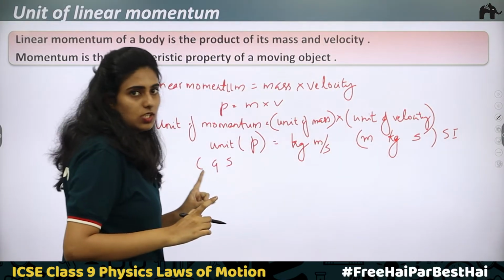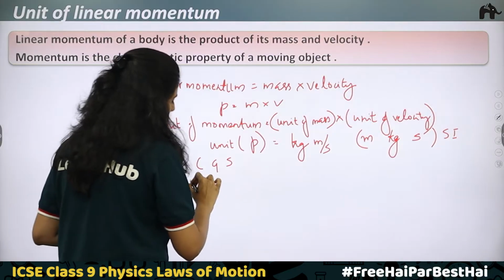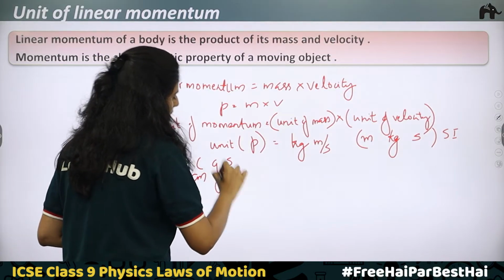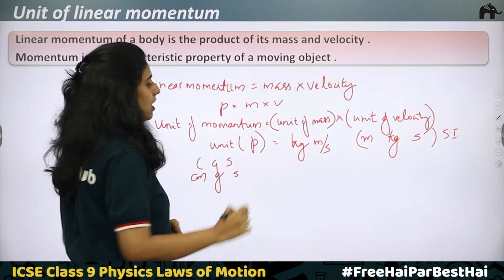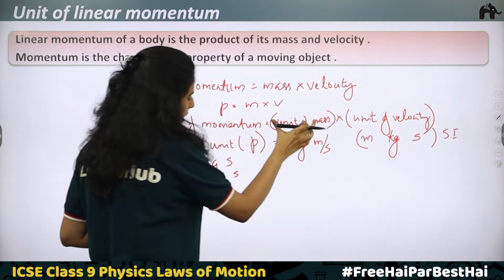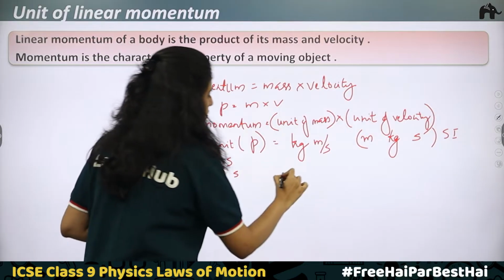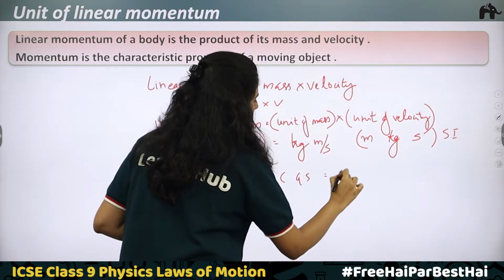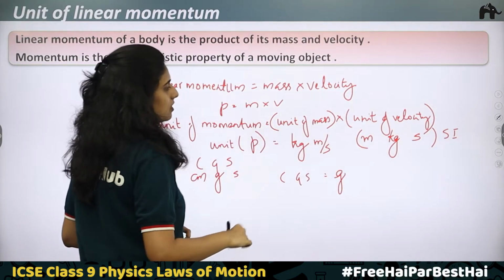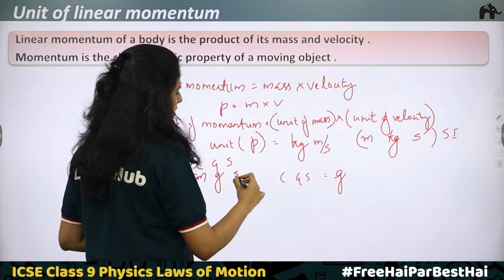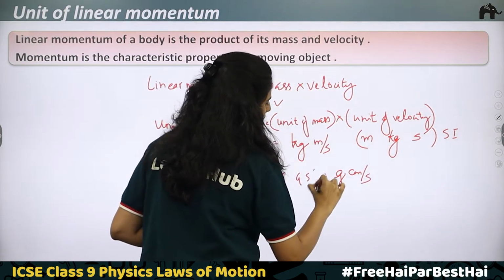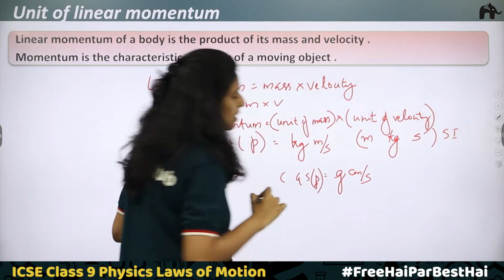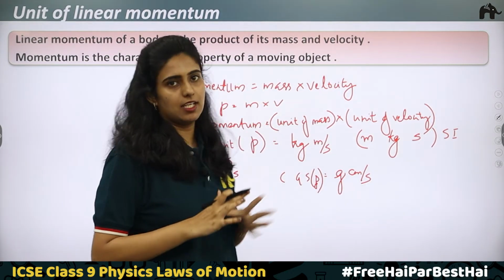In case of CGS units, you take length in centimeter, mass in grams, time in seconds. So the unit of mass should be taken as grams in CGS units, and the unit of velocity will be centimeter per second. So the CGS unit for momentum is gram centimeter per second.